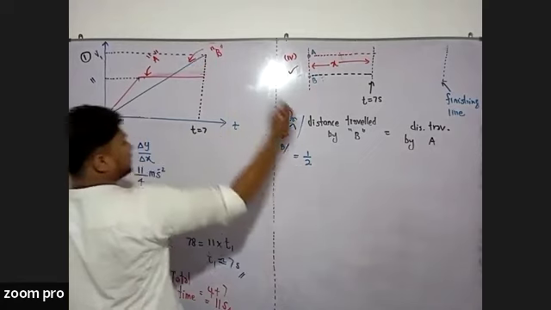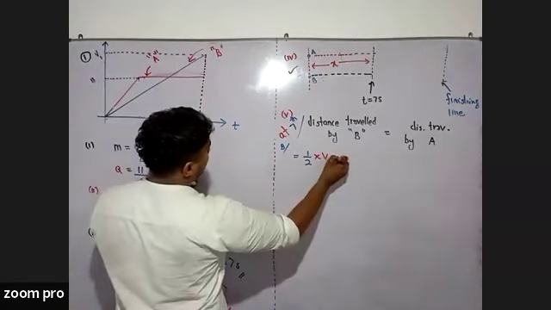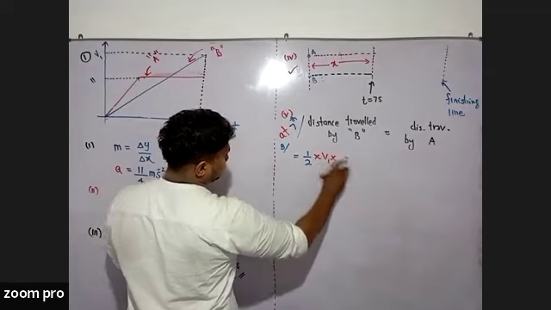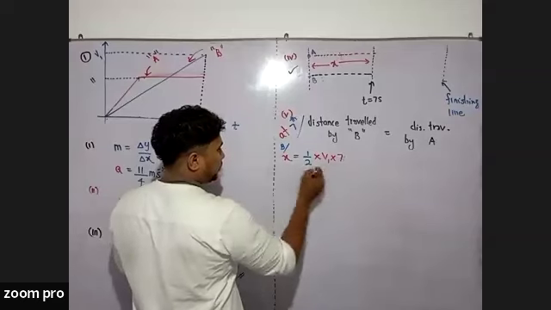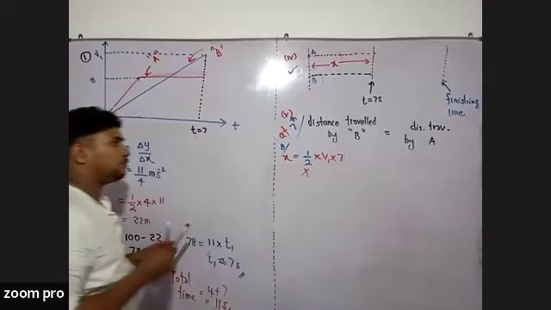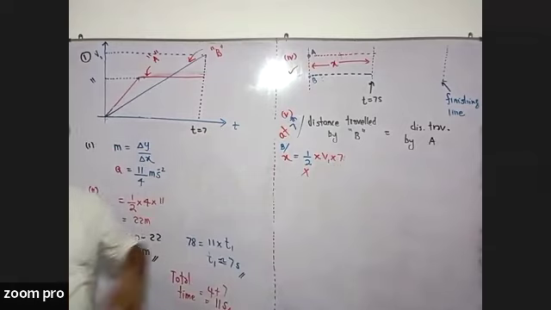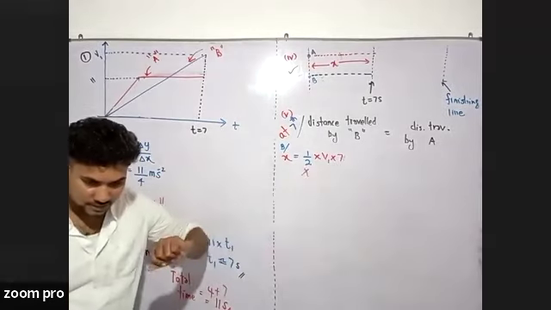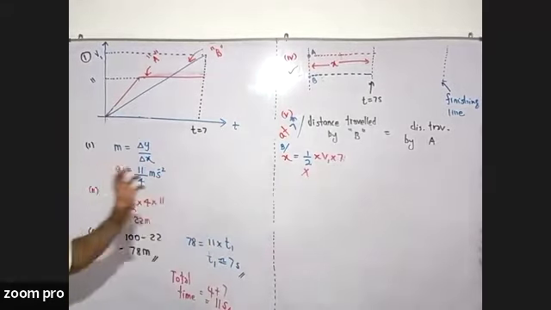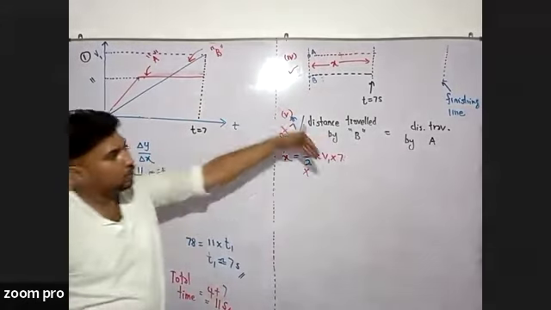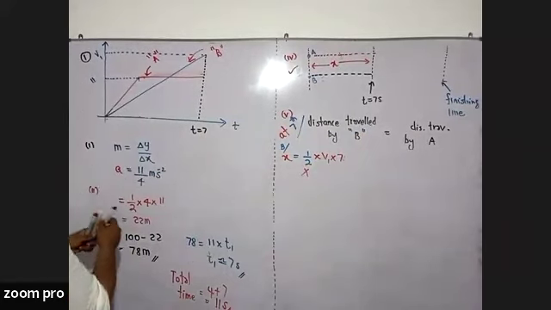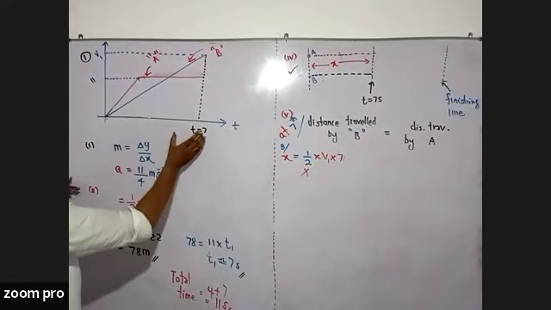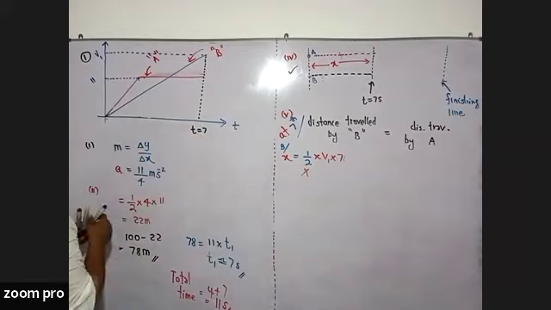That means the area of this triangle, half V1 into T, where T equals 7, isn't it? Even though we can obtain a value for x by considering this expression, if it is equal to the distance traveled by A, we can obtain the distance traveled in these 7 seconds by this A person, right?